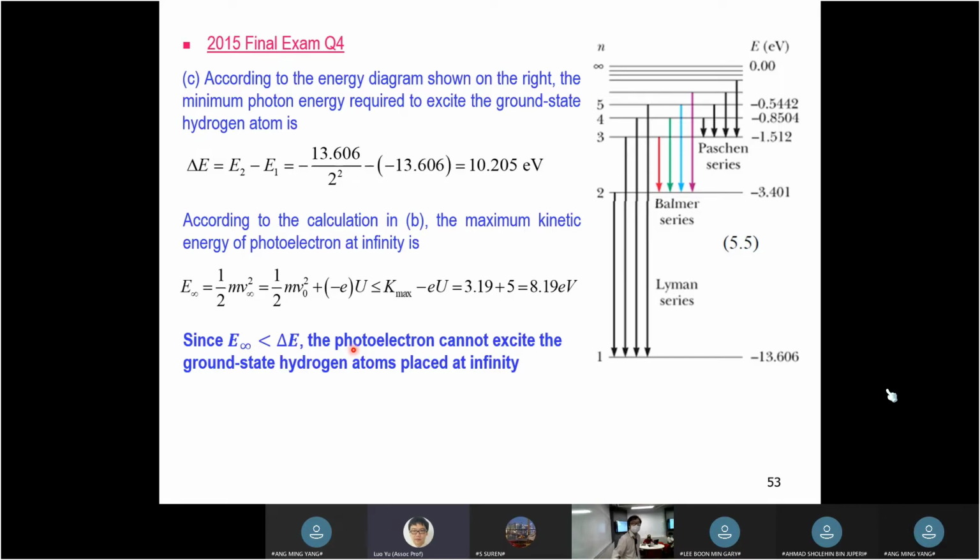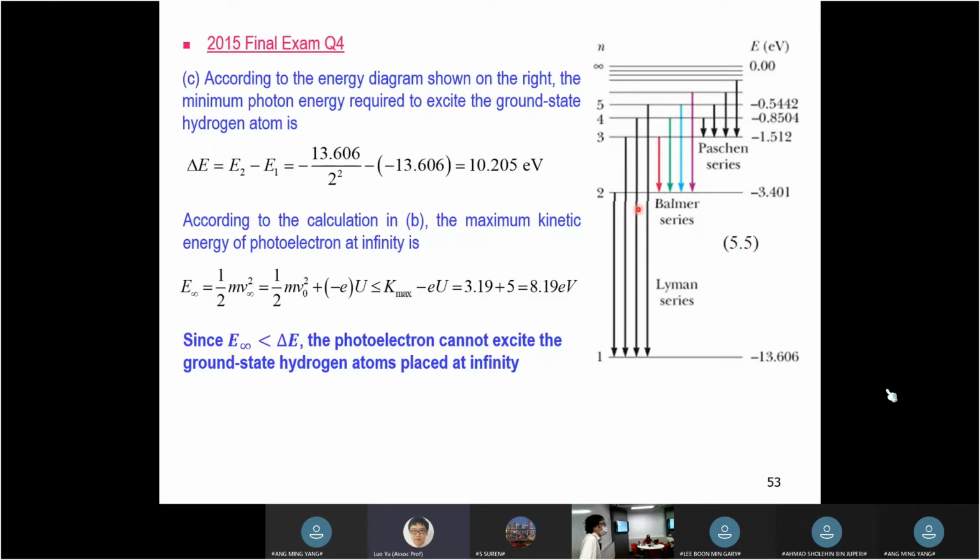But if I am looking at a photon, for example, if the photon's energy is 11 eV, then comment whether this 11 eV can excite the hydrogen atom from state 1 to state 2. Whether or not?